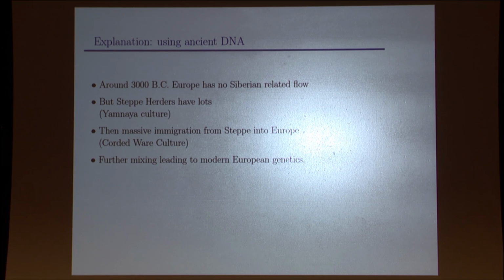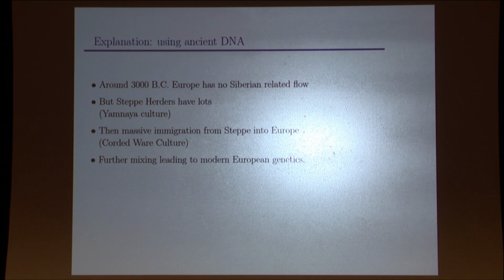This steppe ancestry then moves further on into northwestern Europe, into Britain, and a little later into Iberia, and is in fact the most recent major event that leads to modern European genetics. So all Europeans today have some steppe ancestry, with more in northern Europe than in southern Europe, and that's driven by this Yamnaya migration event.